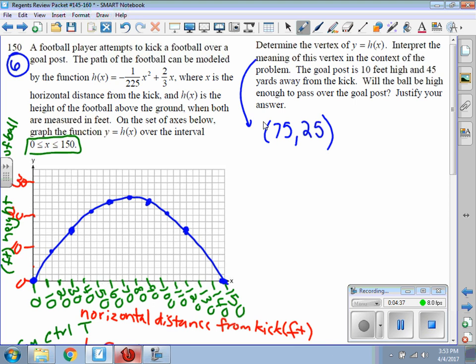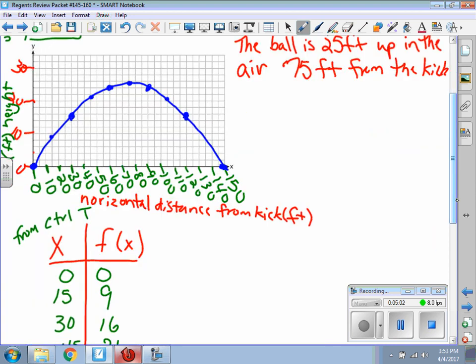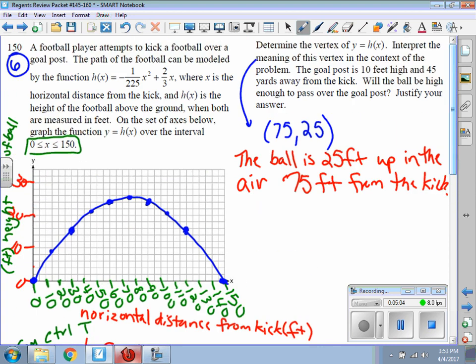The ball is 25 feet. So we'll say that the vertex means the ball is 25 feet up in the air, 75 feet from the kick. That's the interpretation of the vertex.